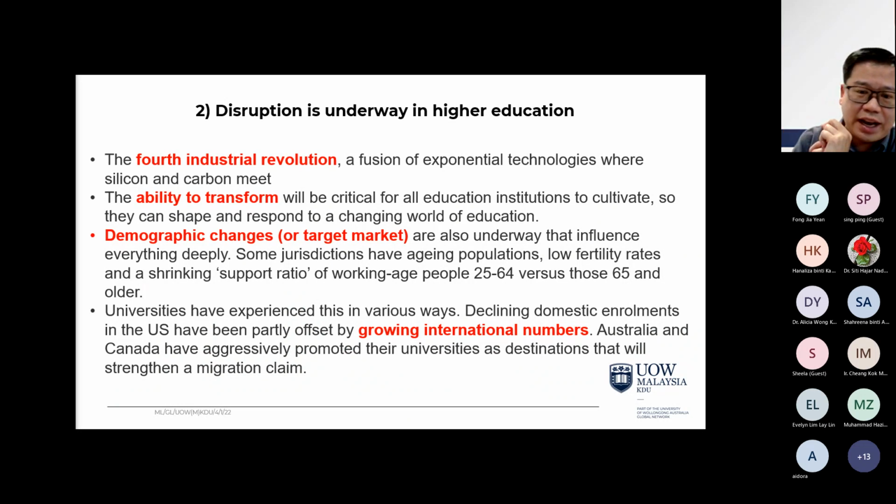Regardless of which discipline you are educators of, it is important for us to ready students for this kind of environment. One key aspect which I'm going to link to the fourth industrial revolution, and I'm going to touch also a little later on the demographic changes.